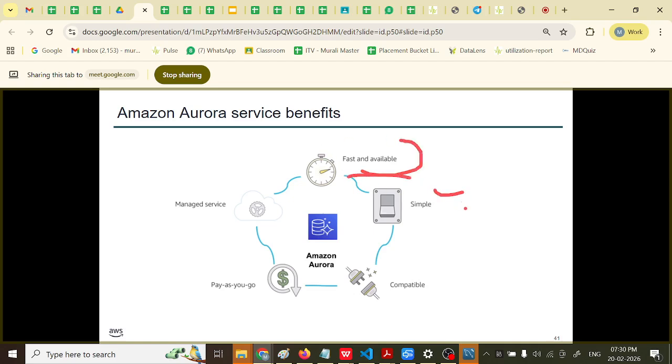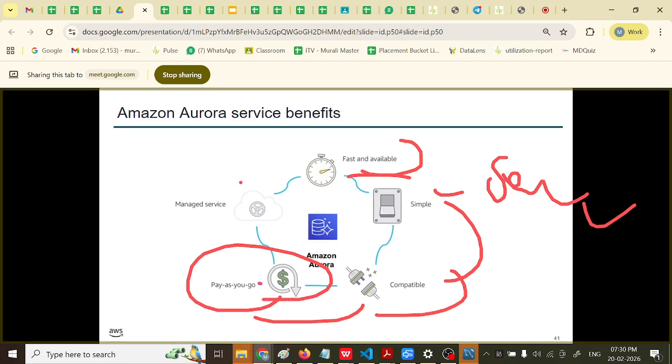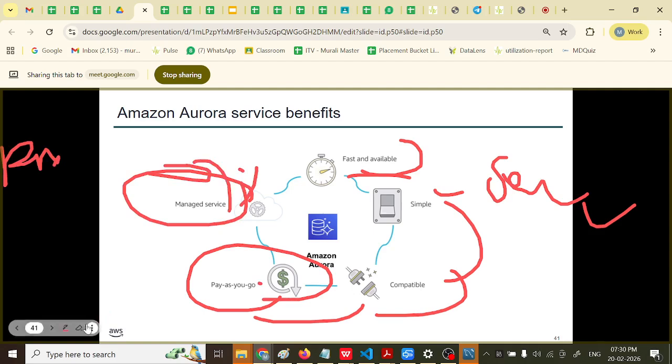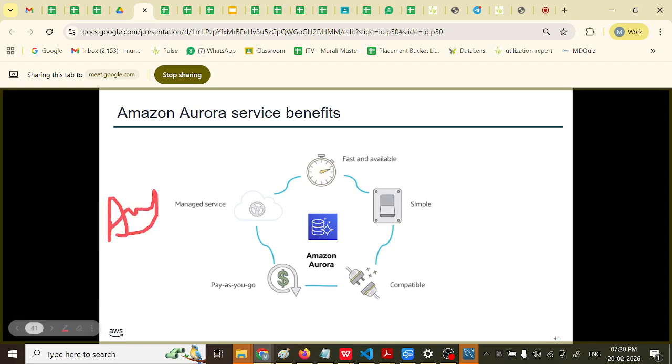It is very simple because you're going to take only MySQL and PostgreSQL. It is compatible, and we pay only for what we use, and it is a managed service. As with RDS, managed means everything will be taken care of by AWS itself. You just focus on your application alone. So these are the benefits.